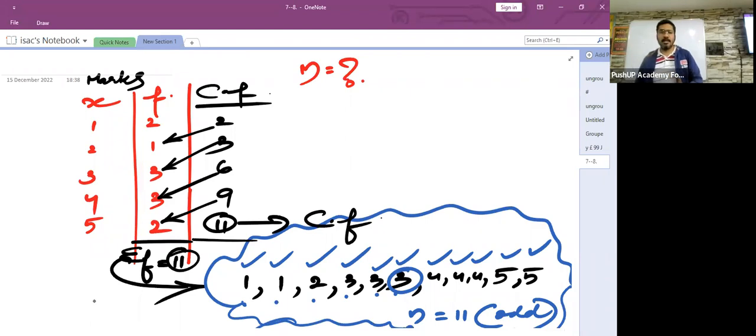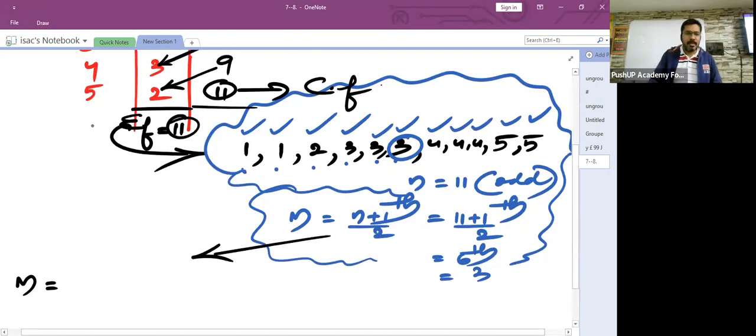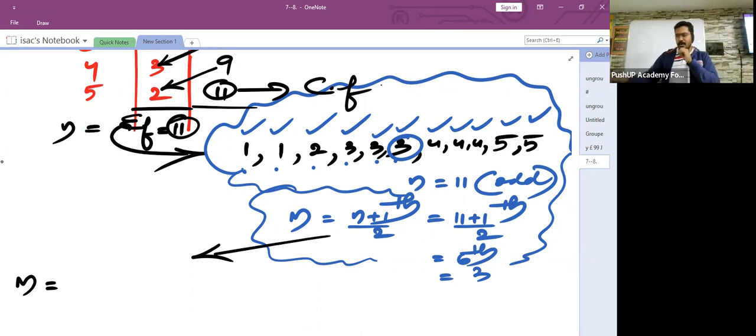I repeat, whatever is sigma f will be exactly equal to the last value in the column of cumulative frequency. Now, sigma f is nothing but the number of observations.